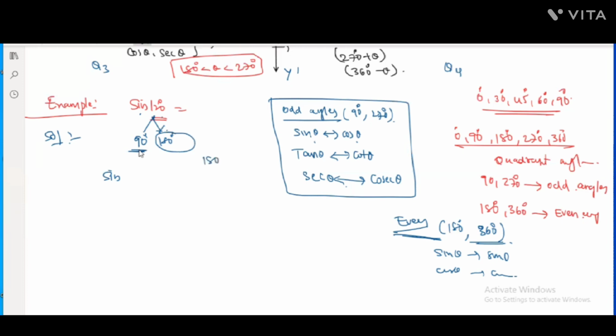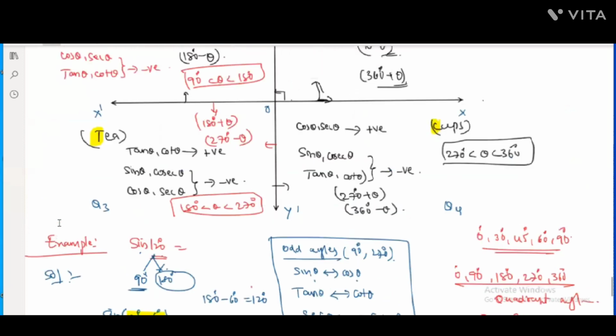From 180, if I subtract 60, I get 120 degrees. So sine 120 I can write as sine of 180 minus 60. Now let's check, assuming this 60 degrees as theta, it becomes sine of 180 minus theta. So 180 minus theta belongs to which quadrant?